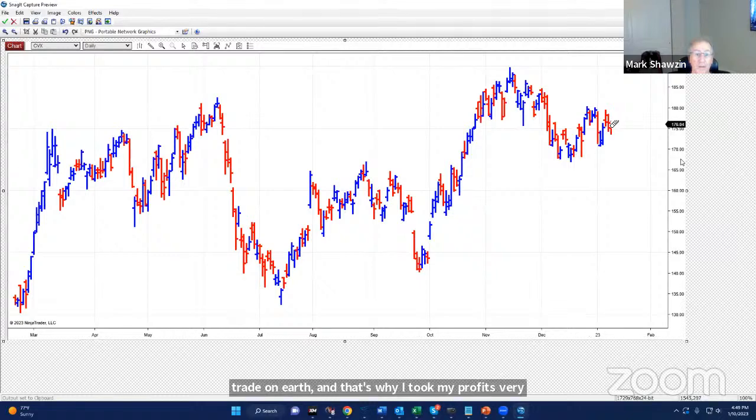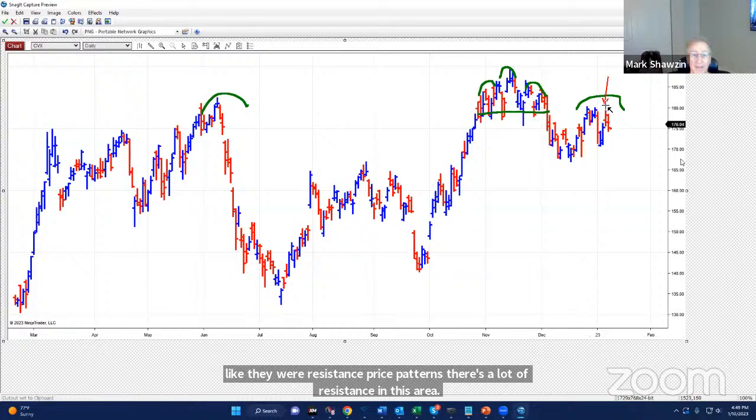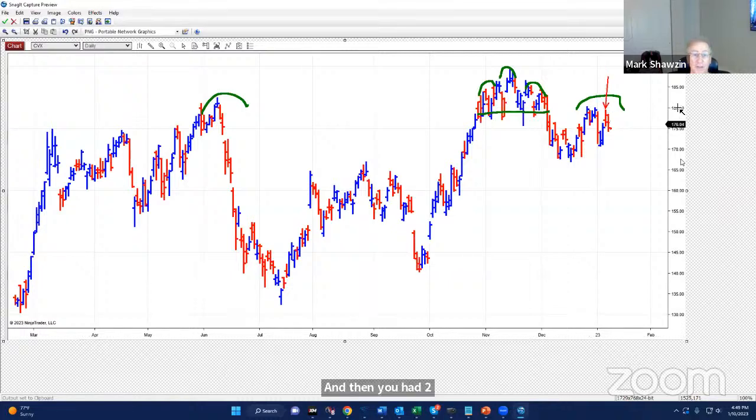So this is what it looked like going into today. This was Chevron, and I was looking at these patterns here, which look like resistance price patterns. There's a lot of resistance in this area. And then you had 2 reversals. You made a new high 2 days ago and closed on the low. And then yesterday, you made a new high and you closed on the low.